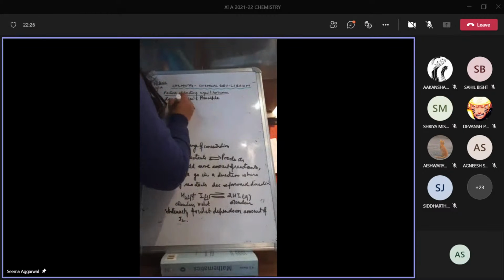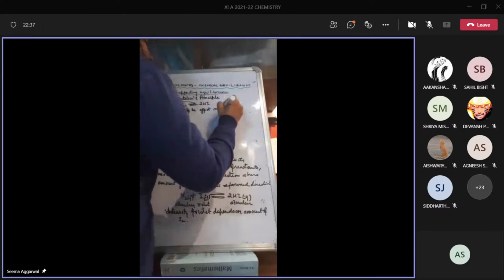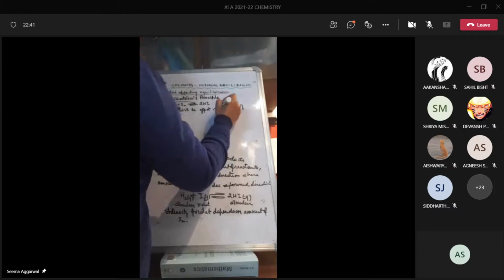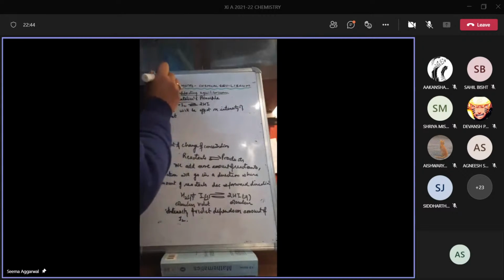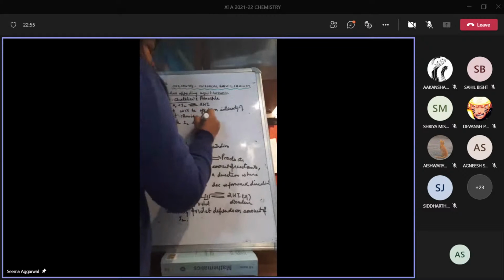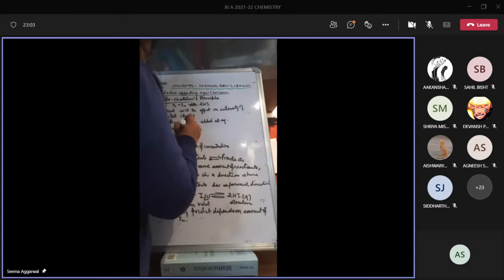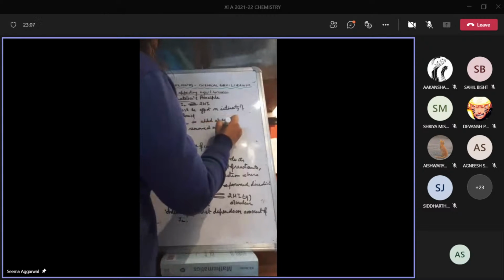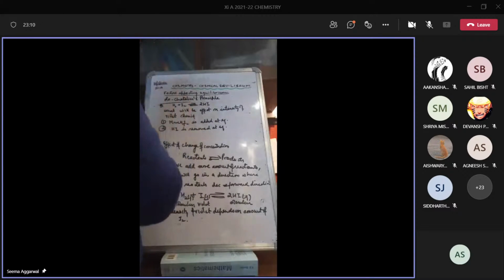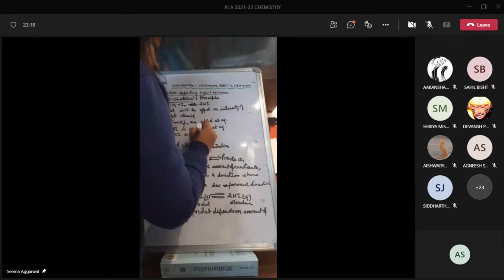Question: H2 plus I2 gives 2HI. What will be the effect on the intensity of violet color if, first part, more H2 and I2 are added at equilibrium; second part, HI is removed at equilibrium; third part, HI is added at equilibrium.